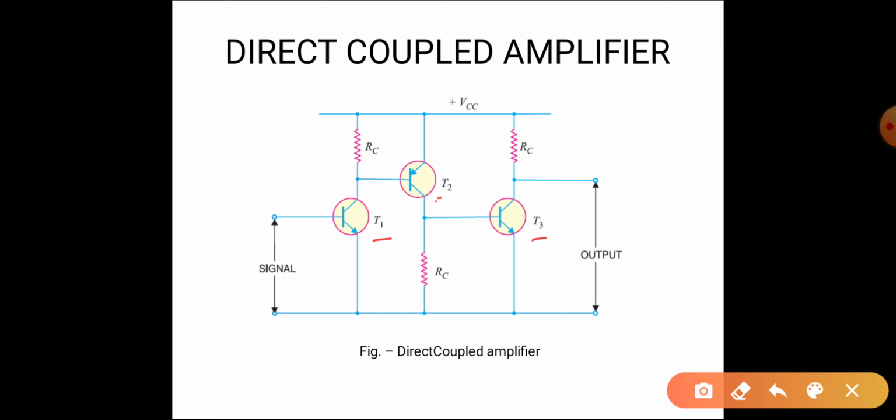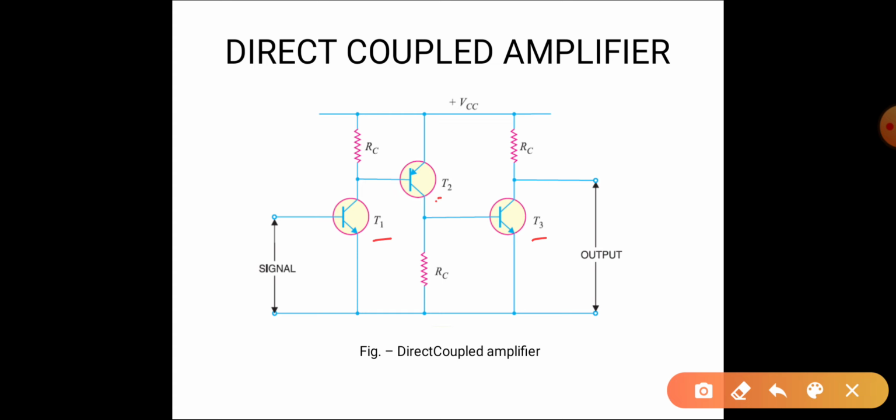Because here we do not use any isolating coupling devices, that is transformer or capacitor, which will offer a high reactance to the low frequencies. So this direct coupled amplifier will give excellent gain for your low frequency signals.